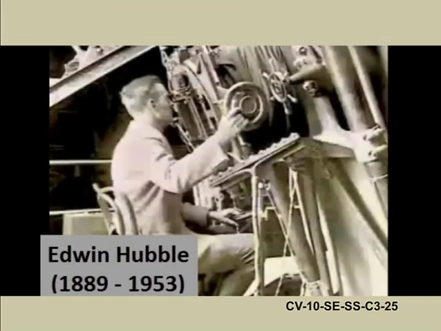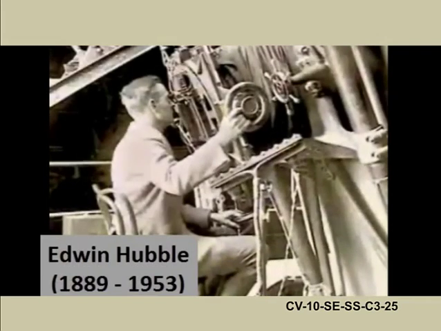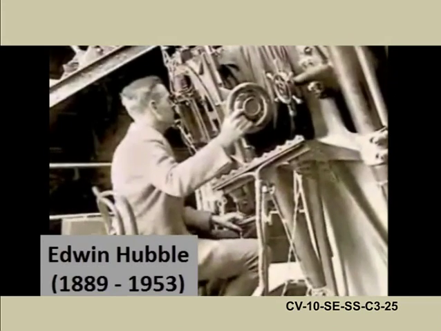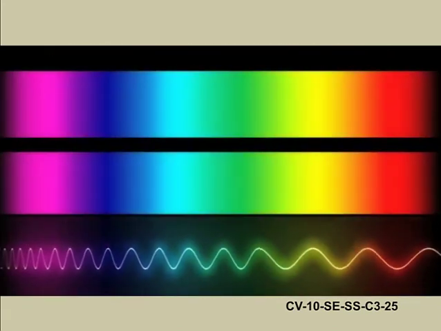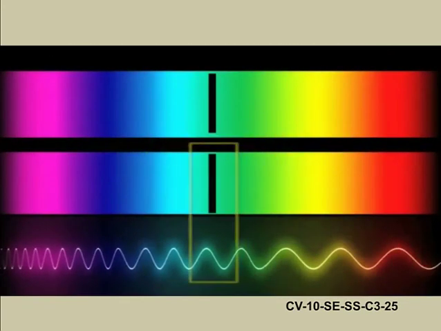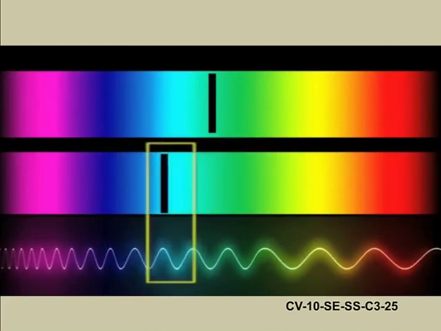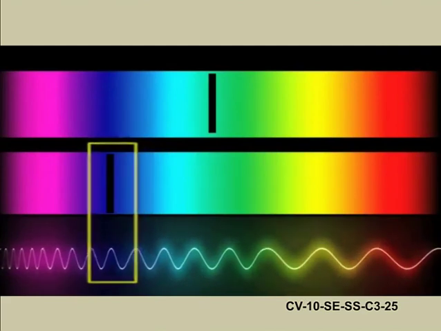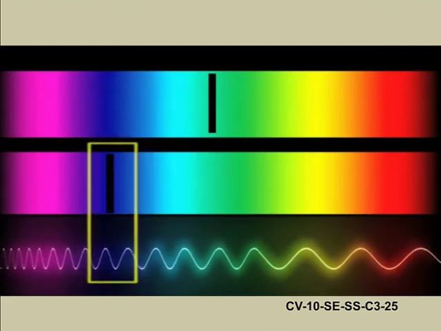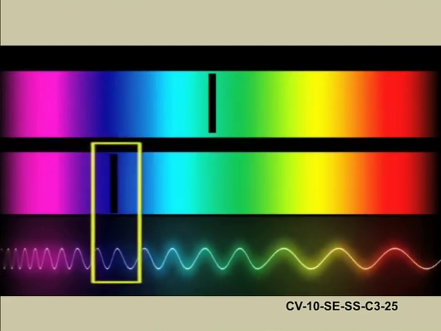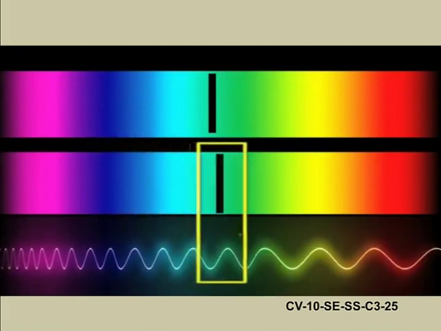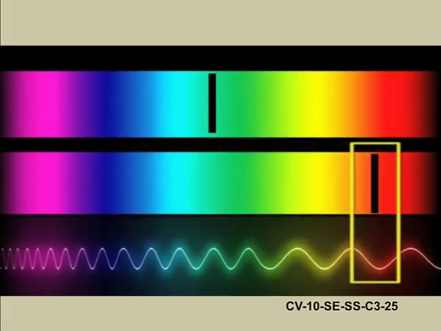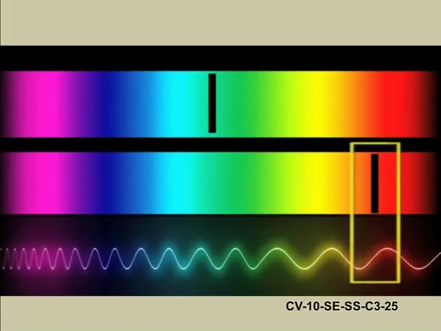Edwin Hubble, 1889 to 1953. According to Hubble, if an object is coming towards us, it is blueshifted, that is, its wavelength appears to shrink. If a galaxy is moving away from us, its wavelength appears to be stretched, that is, it is redshifted.